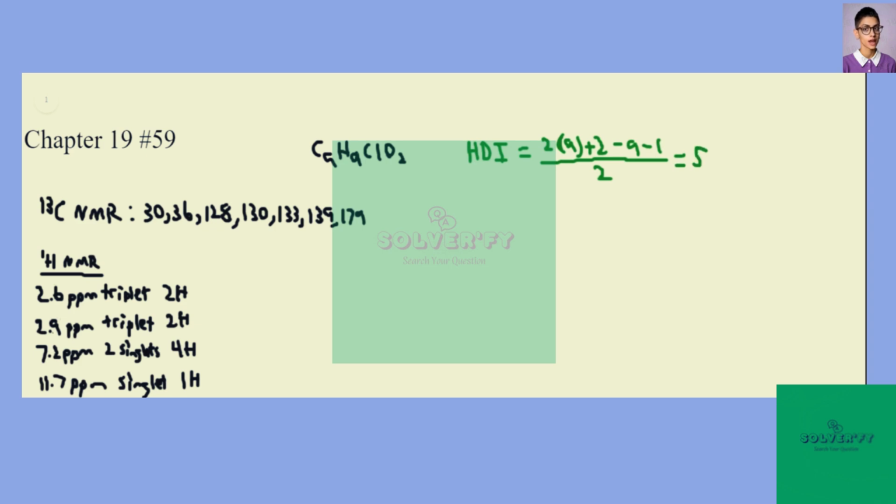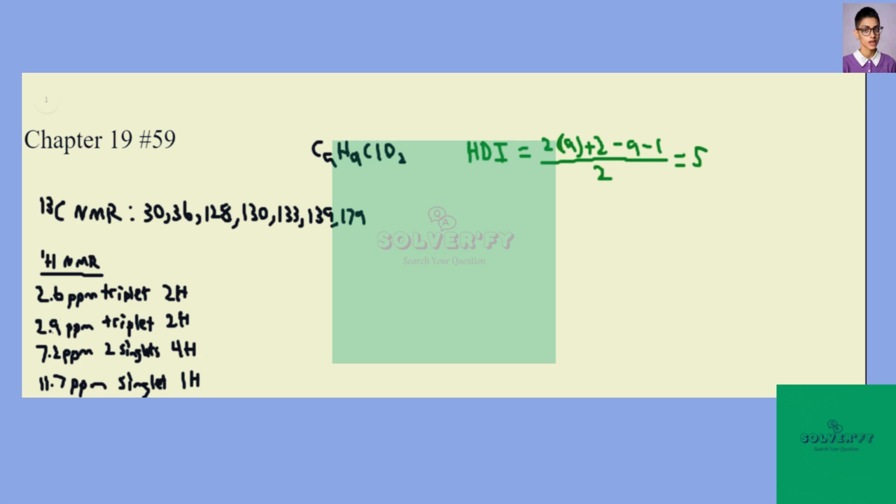And so right away, when I see an HDI of 4 or more, I automatically am thinking, okay, well, there's probably an aromatic 6-membered ring in this molecule, because a benzene ring accounts for 4 degrees of unsaturation, 1 for the ring itself, and then 3 for the double bonds inside of the ring.